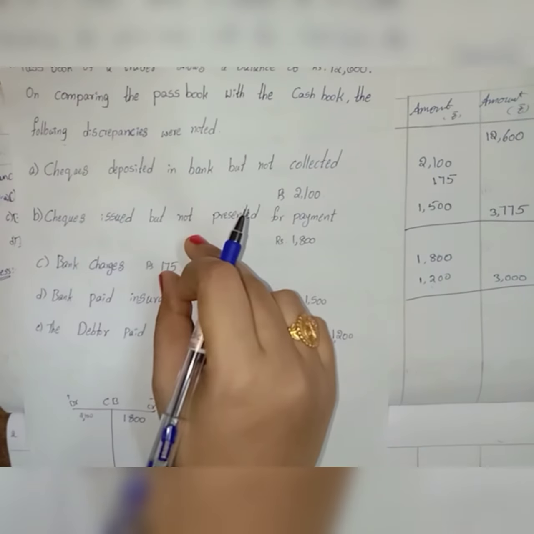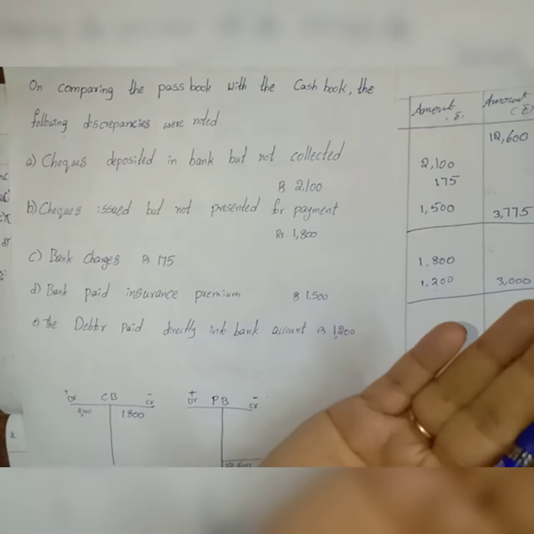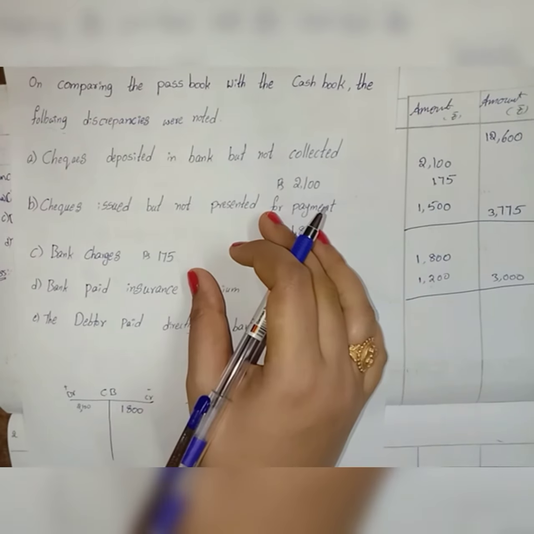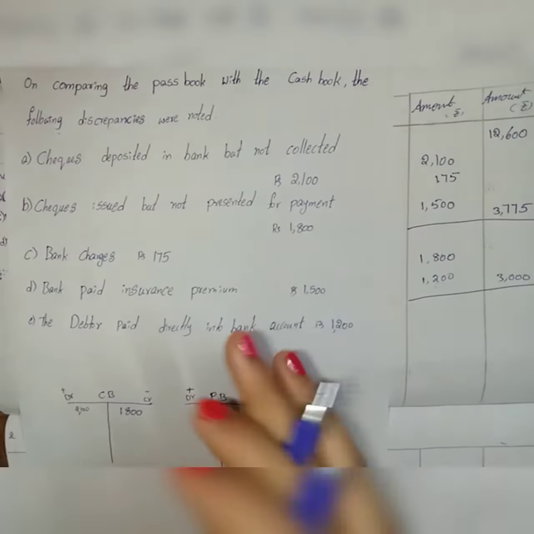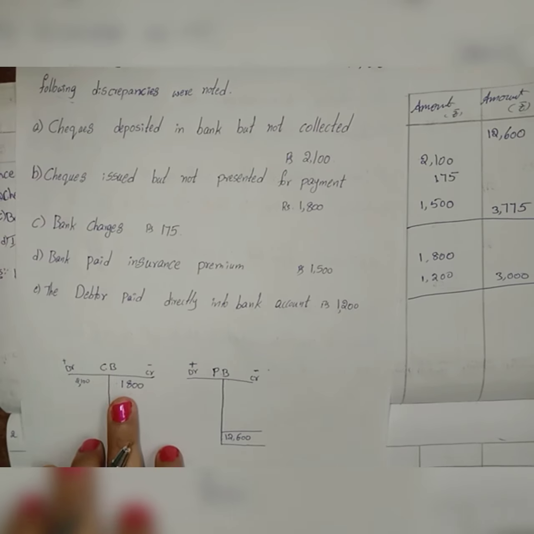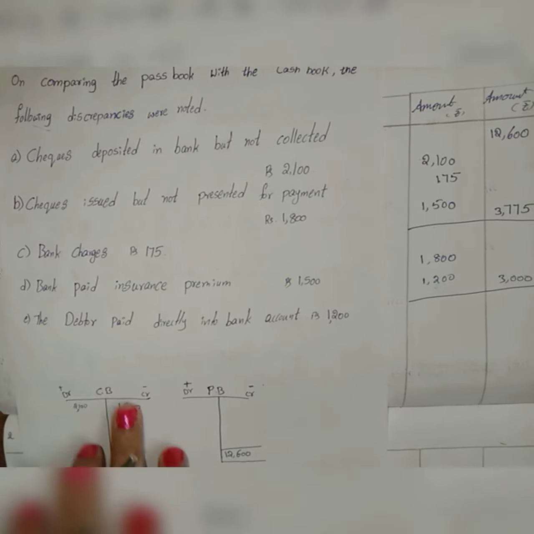We issued the check, but the person has not presented it for payment. There are so many causes, like a forgotten check or whatever it may be. So we enter it on the credit side of the cash book.